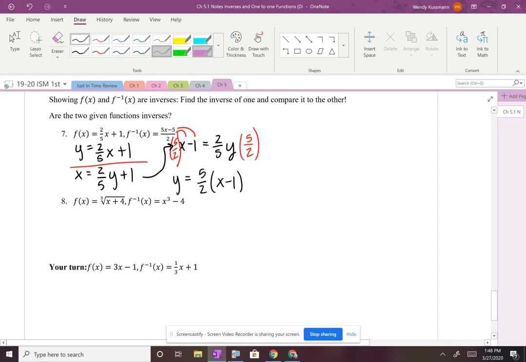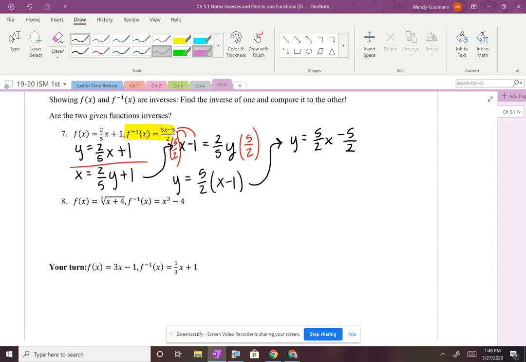Looking at this right now, it does not look like the f inverse that we're trying to match, but you need to be careful about that. If I do take that 5/2 and distribute it, this would give me y equals 5/2 x, and then 5/2 times -1 is minus 5/2. Another thing you have to remember is that when you have two fractions and they both have the same denominator, you can combine them.